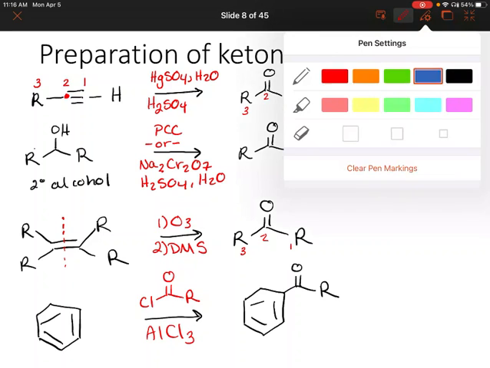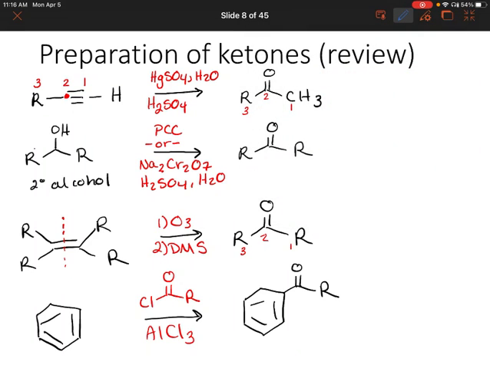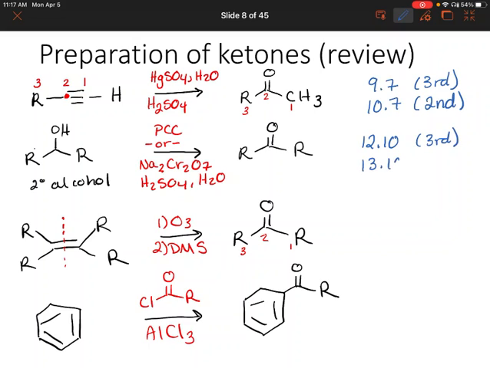So if you want to look up these reactions and refresh your memories, the first one is in section 9.7 if you have the third edition of the textbook, 10.7 if you have the second edition. The second reaction is in section 12.10 if you have the third edition, and then 13.10 if you have the second.